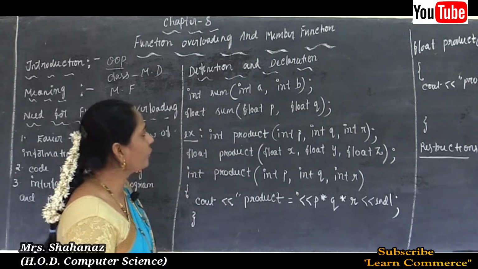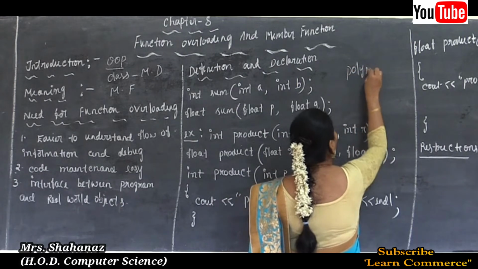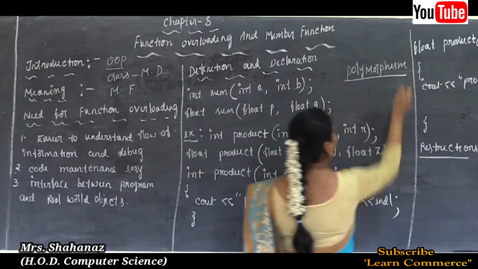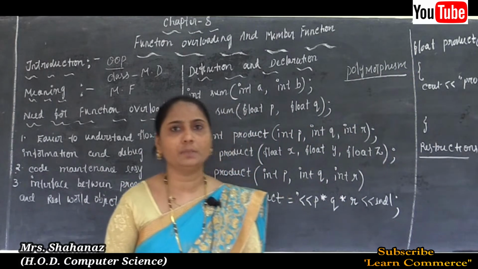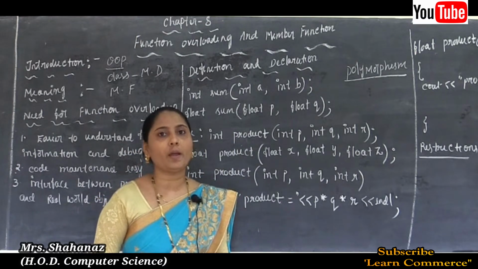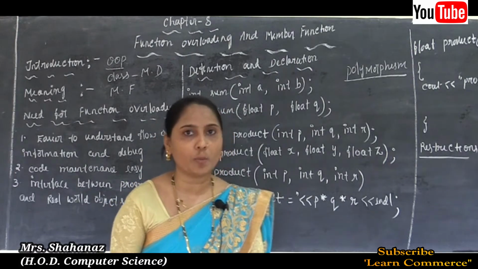Now, what is the meaning of polymorphism? The next thing we are going to study is the meaning of polymorphism. Now we know the definition: the ability of an operator and function to take multiple forms.